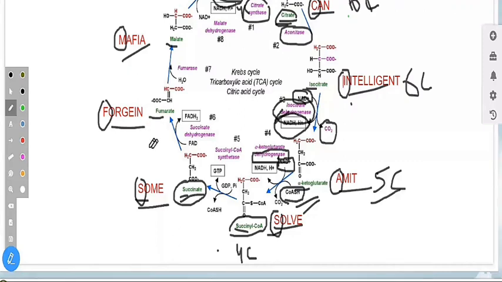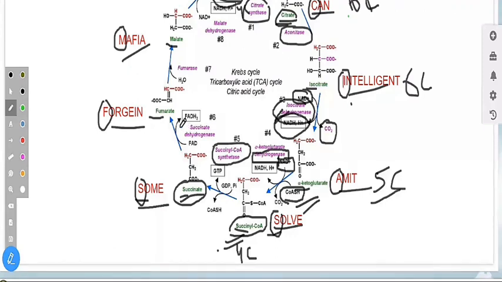Now see, from succinyl-CoA, succinate is formed in the presence of an enzyme. Here the substrate is succinyl-CoA, and succinate is formed. That's why the enzyme name is succinyl-CoA synthase.